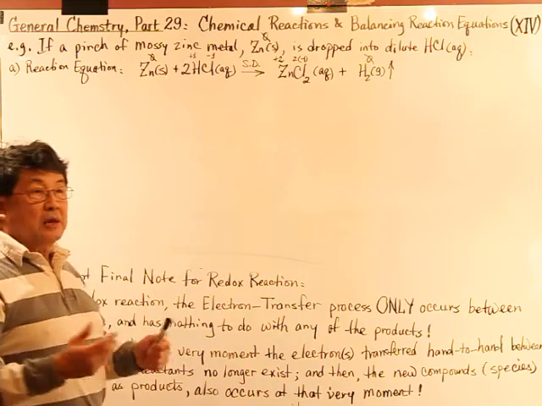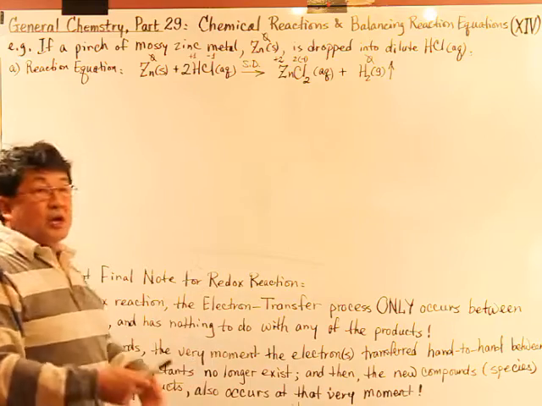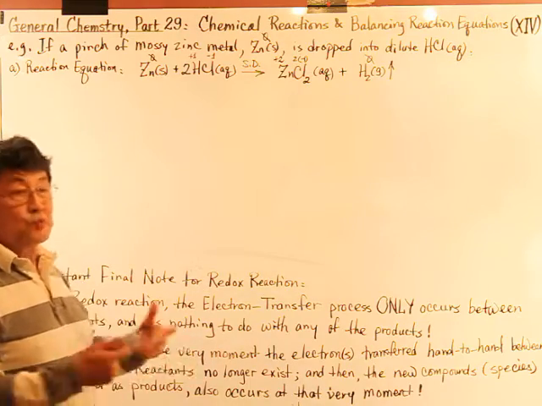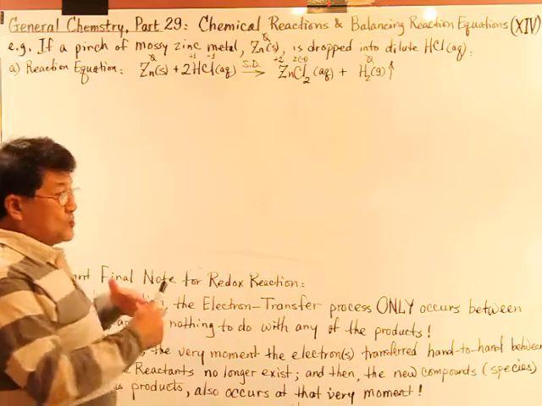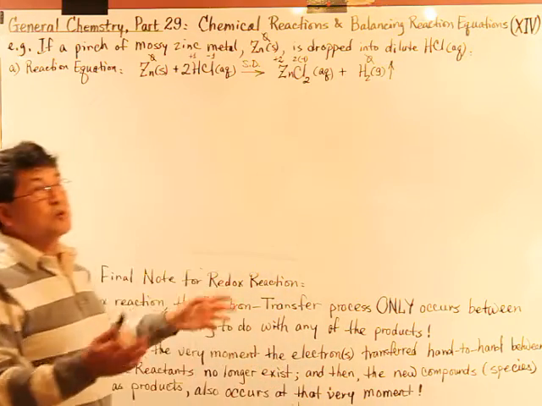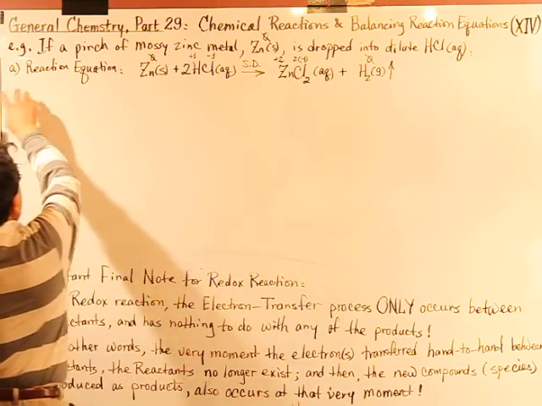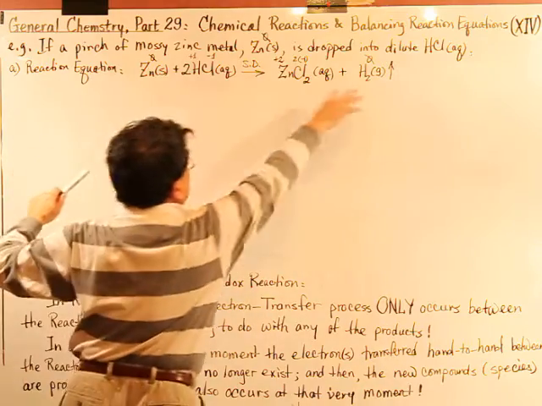And they were able to dissolve, dissociate and ionize in the solvent, water. And if they are strong electrolytes, of course, both were strong electrolytes, they will be 100% dissociated, right? So this is a reaction equation and this is balanced also, right?